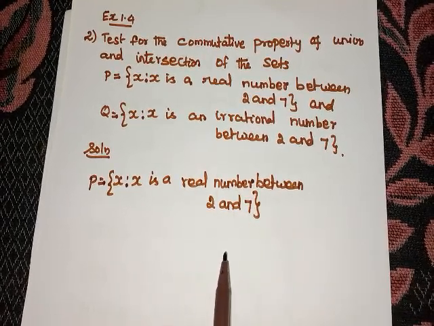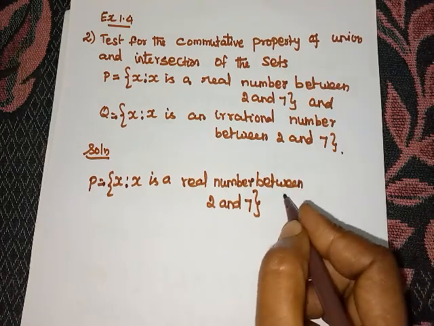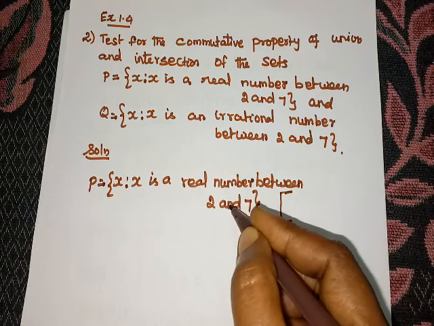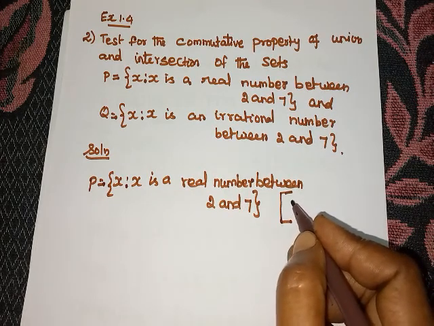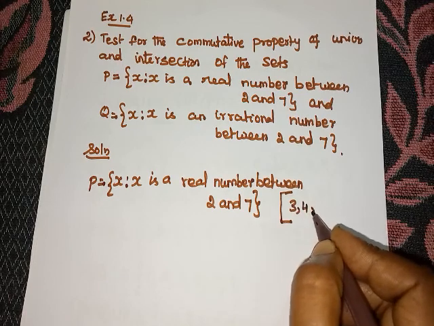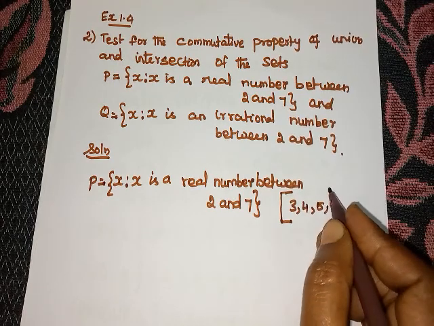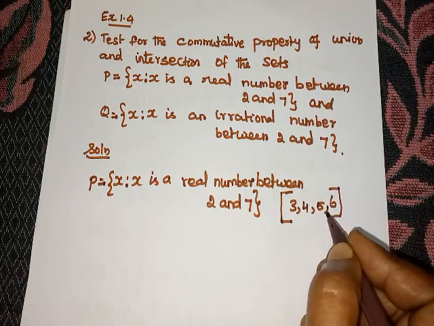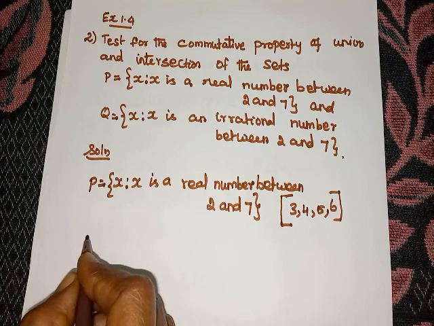So all the numbers will come. So definitely we cannot write it. Approximately, if you need, you can write it in brackets. So in between 2 and 7, only the whole numbers we can write: 3, 4, 5, 6. Okay, this is not an accurate value, it is an approximate value.